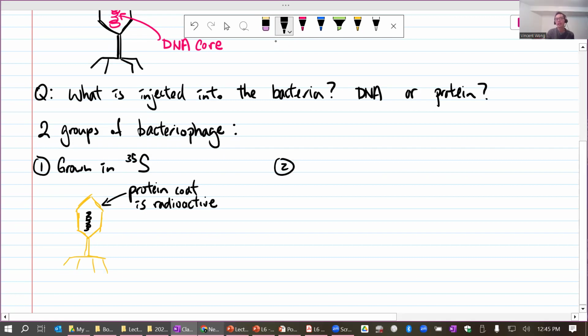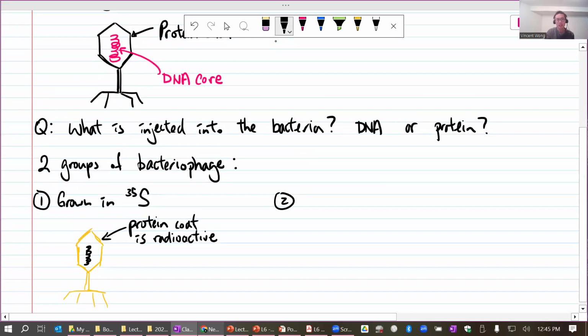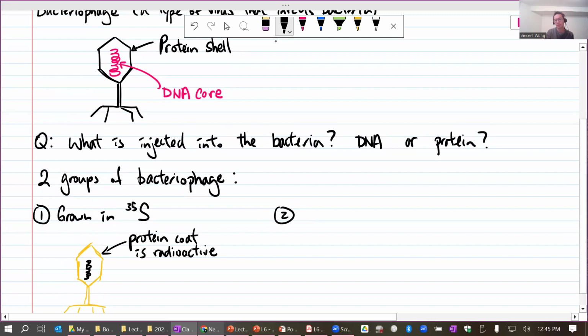What if you have to choose something that highlights the DNA and not the protein? What's a good element to choose that will show up in the DNA but not the protein? Think of the element that makes up DNA. Is there something that is only in DNA and not protein?